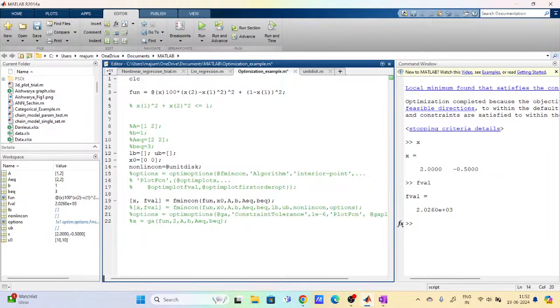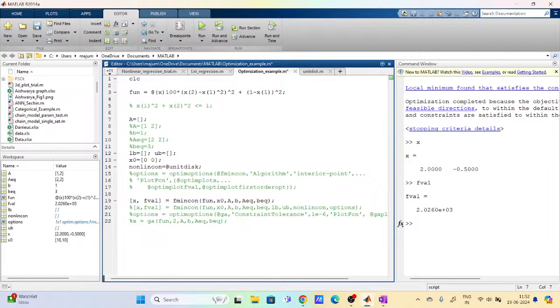Now since AEQ, BEQ, capital A, capital B, no constraint is there, you can just use capital A equal to a blank matrix, but you need to define everything.